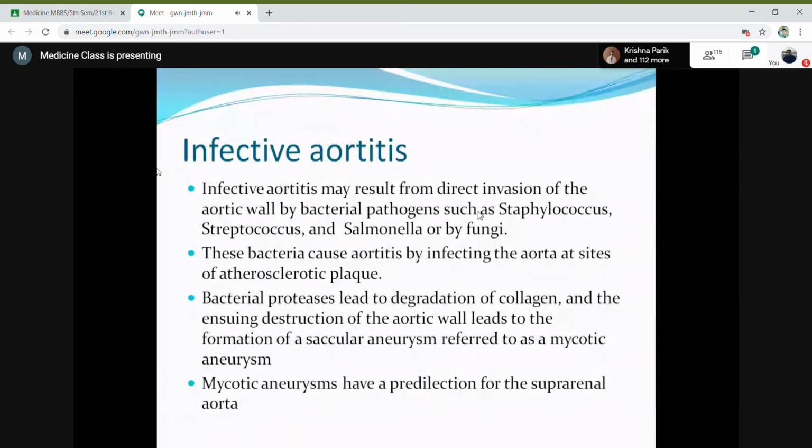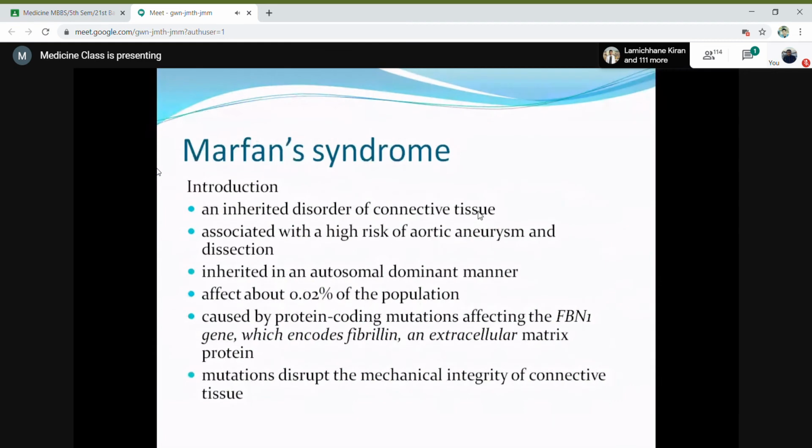In the plaque there will be bacterial invasion infecting the aorta. This leads to a saccular aneurysm, and this is called a mycotic aneurysm. Mycotic aneurysm has a predilection for the suprarenal aorta. So this is infective aortitis causing mycotic aneurysm.